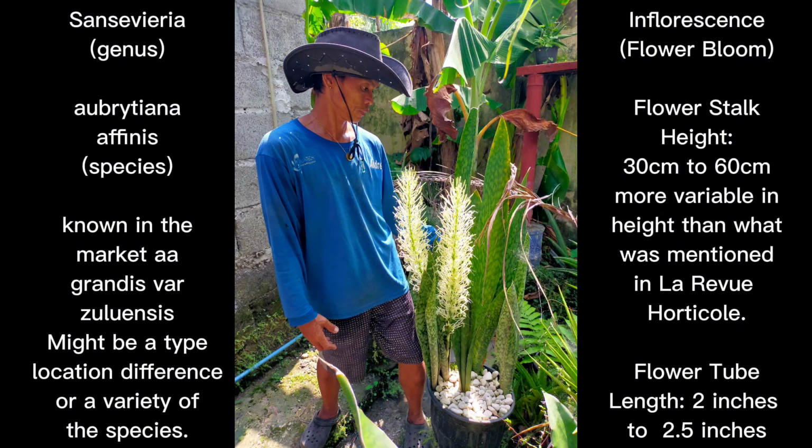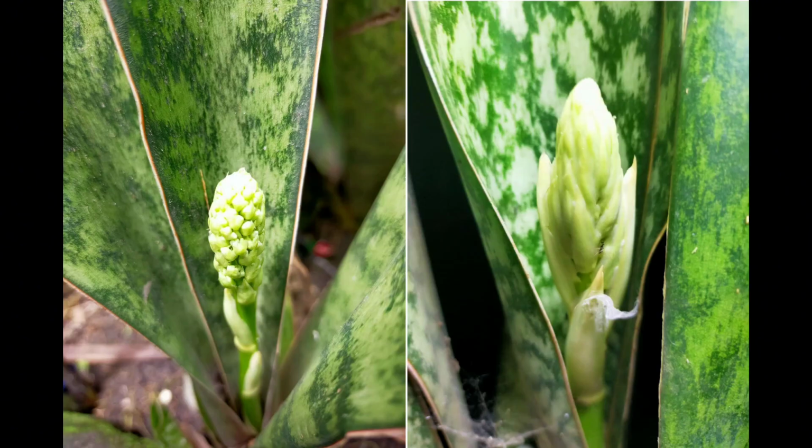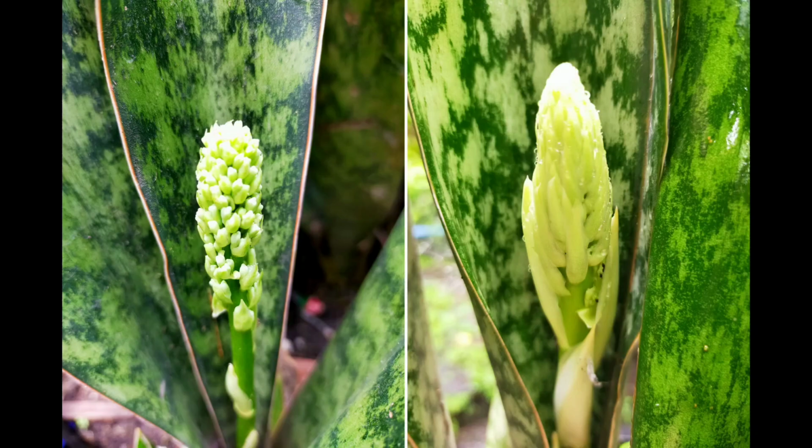And this picture right now is the actual aubrytiana species that I think matches the submitted one, which is really 45 to 60 centimeters, and it is uniform in length. So more pictures, like I mentioned, I will share. The left is the so-called grandis variety zuluensis, and the right is the aubrytiana species.